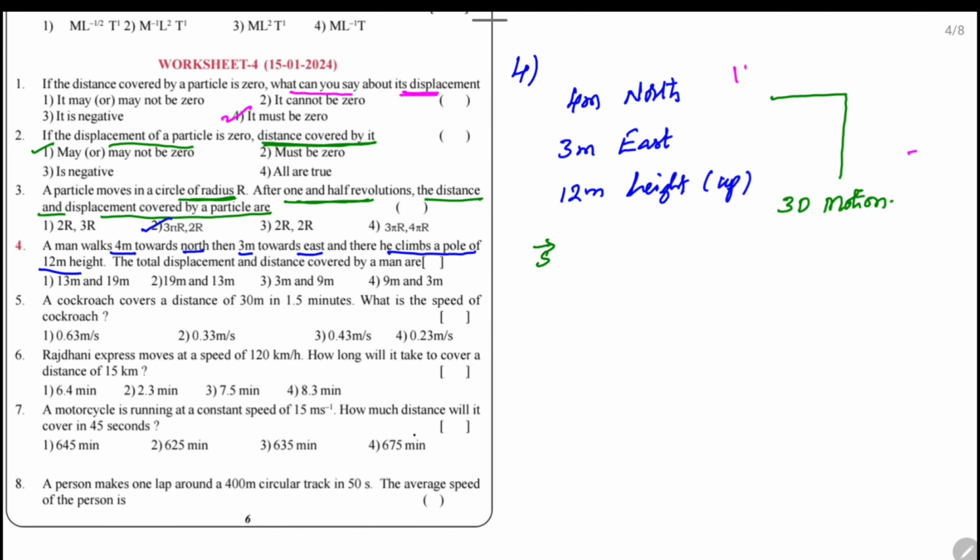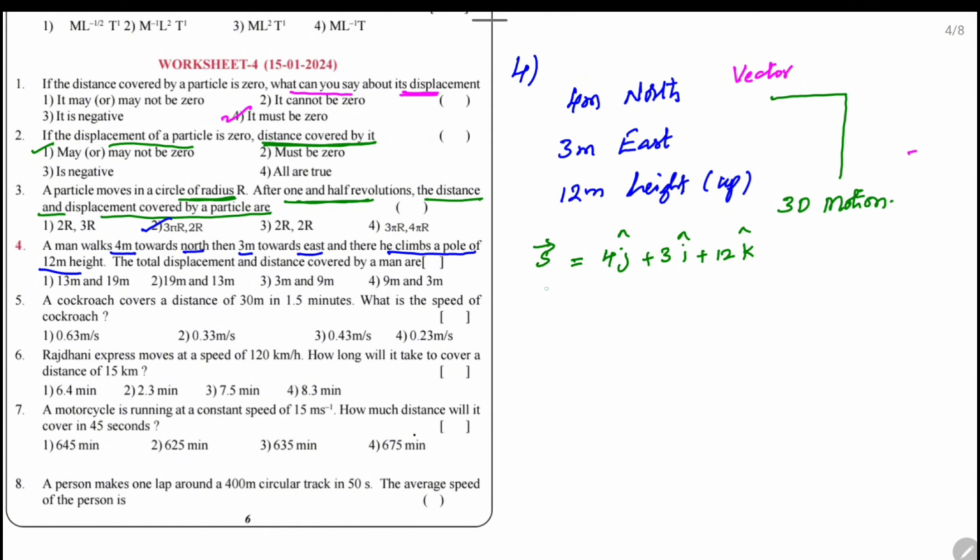We discussed how to write vectors. Displacement is equal to 4 j cap plus 3 i cap plus 12 k cap. Hope you understood this.